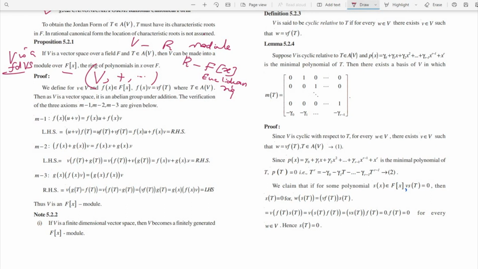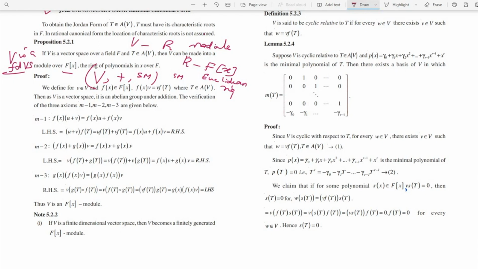In the case of a vector space, we call that multiplication scalar multiplication. For convenience's sake, we may call it scalar multiplication here also. There is no actual name given to this for an F[x]-module, but for convenience we shall call it scalar multiplication.